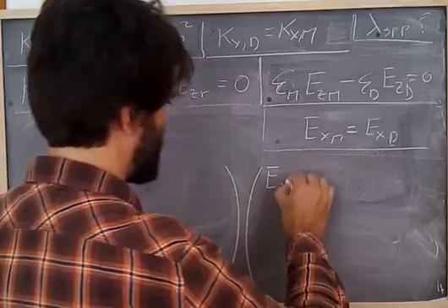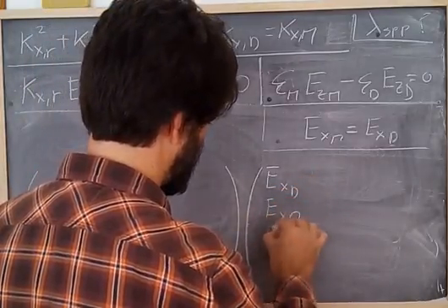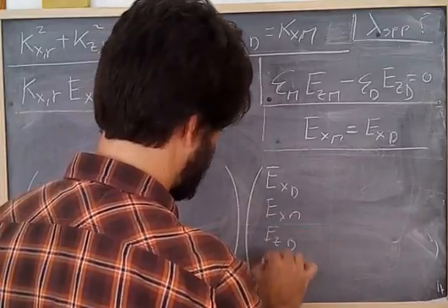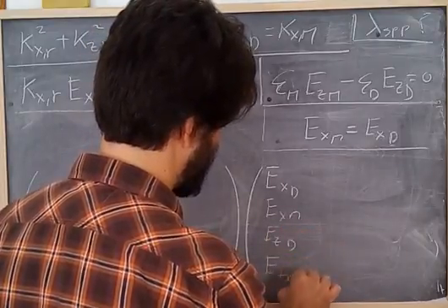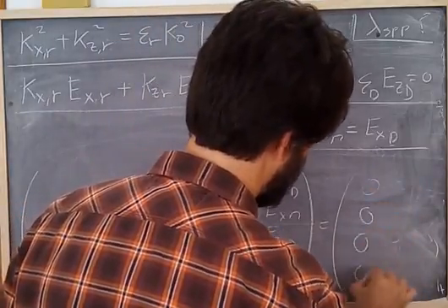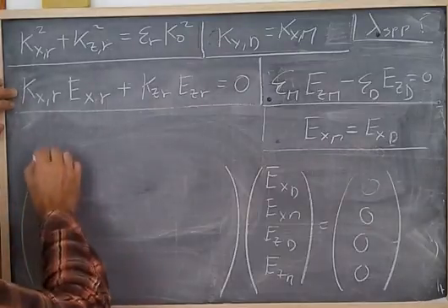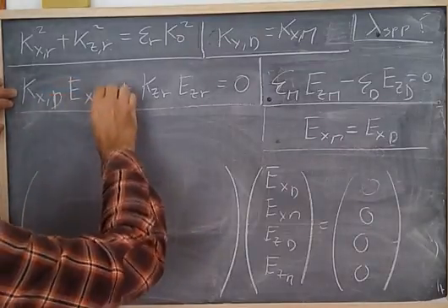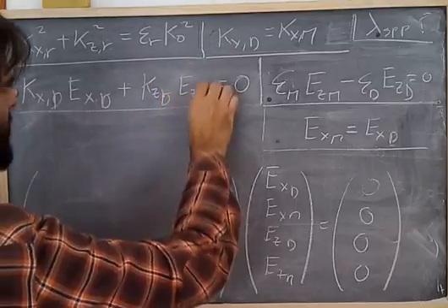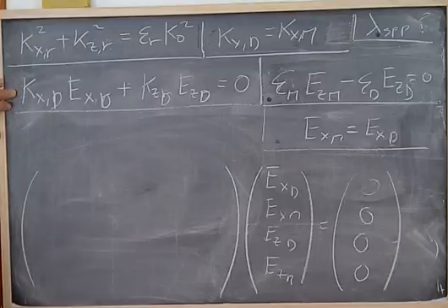This is X dielectric, X metal, Z dielectric, Z metal equal 0, 0, 0, 0. So the first equation is 1.